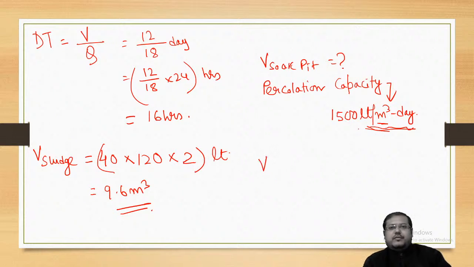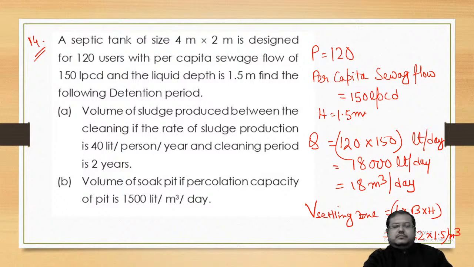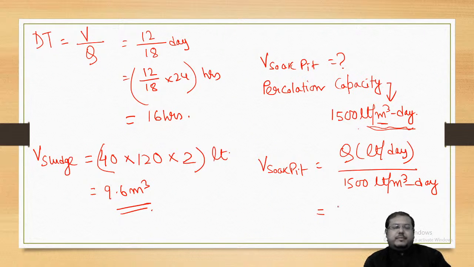So what you will do, we'll go for the Q, that is having Q in liter per day, unit of liter per day by 1500 liter per meter cube day. What is Q in liter per day? It's 18,000 liter per day.